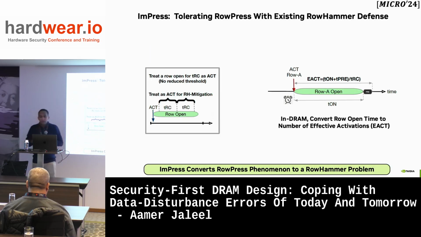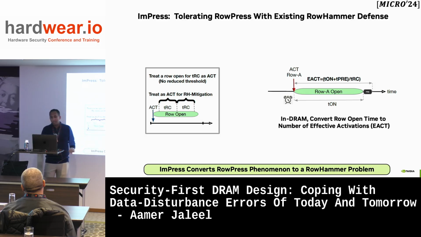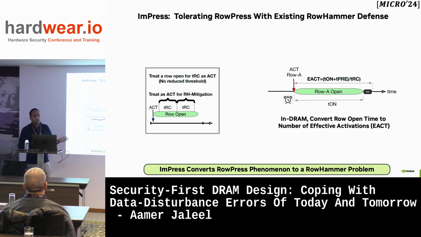So the key idea over here is, why don't we treat the row open time as an activation? If we can treat the row open time as an activation, then we can convert row open time to equivalent activations that occur within DRAM.